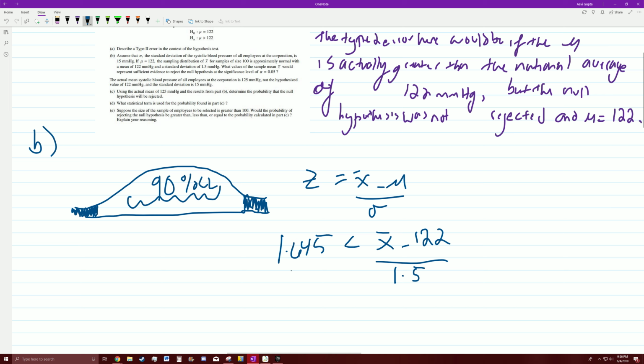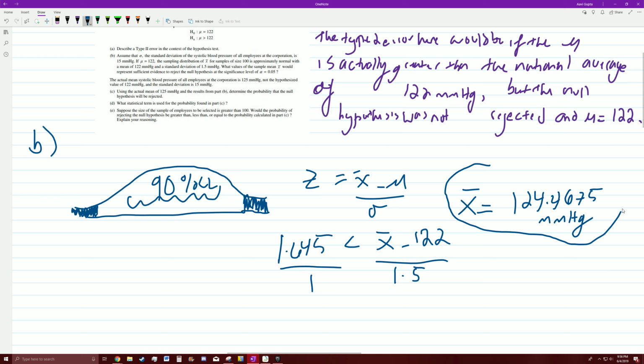When you do the cross multiplication and solve for x bar, you get x bar equal to 124.4675 millimeters of mercury. So that's the minimum x bar that would represent sufficient evidence to reject the null hypothesis at a confidence level of 90%, or at a significance level of 0.05.